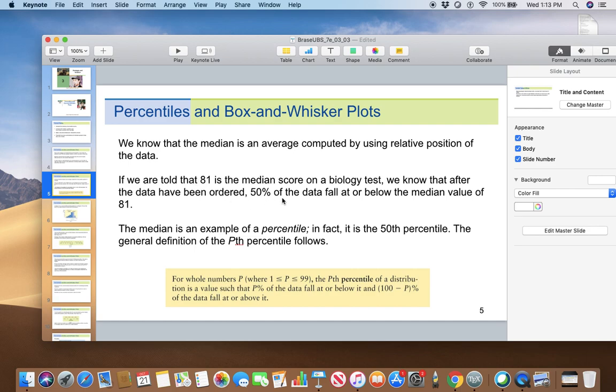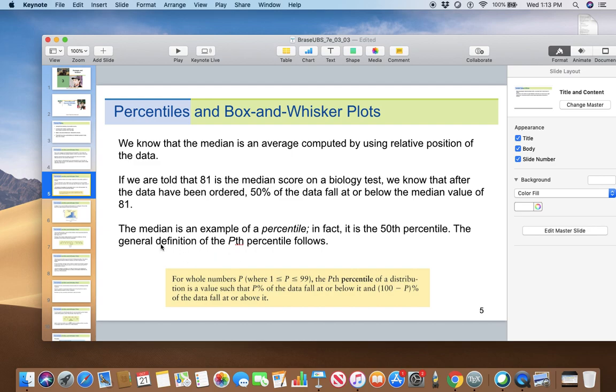That's what median means. 50% of the data fall at or below the median value of 81. Now, the median is an example of a percentile. Median is the 50th percentile. That means 50% are at your location or less.